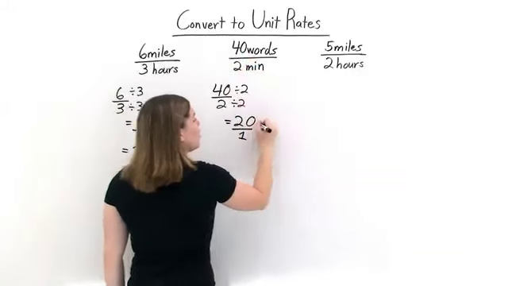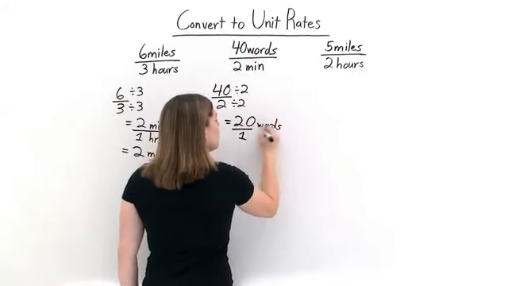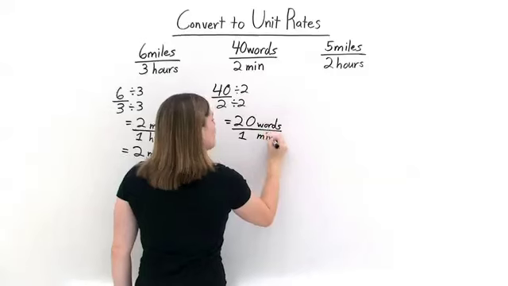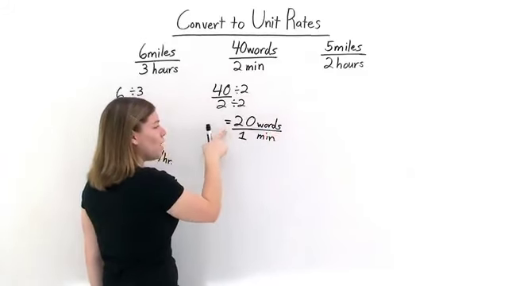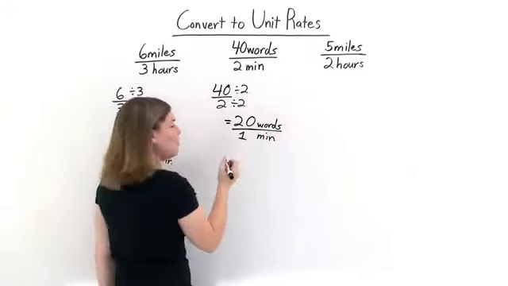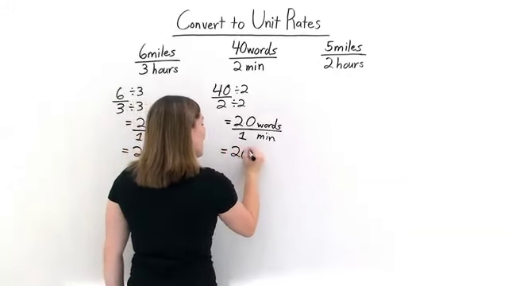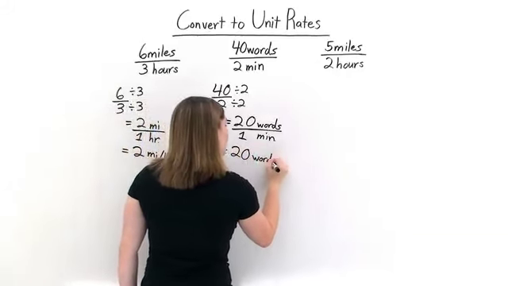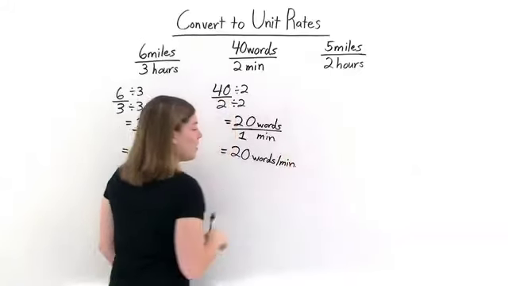Then we write down our units. We have words over minutes. Well, we have 20 words over 1 minute, our unit rate. And we can rewrite this as 20 words per minute.